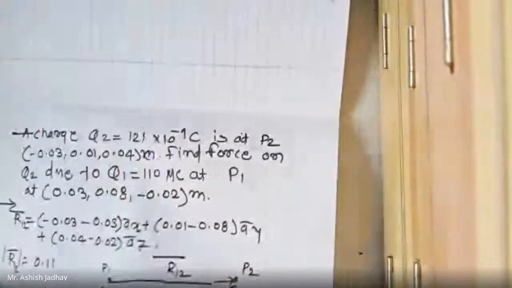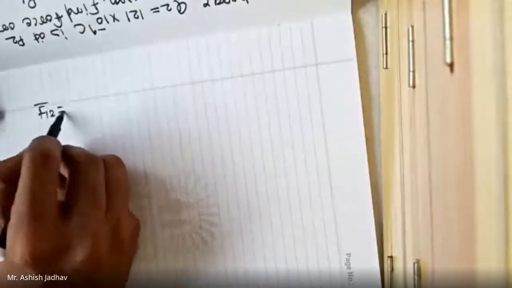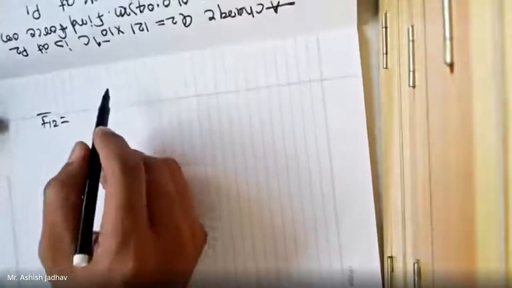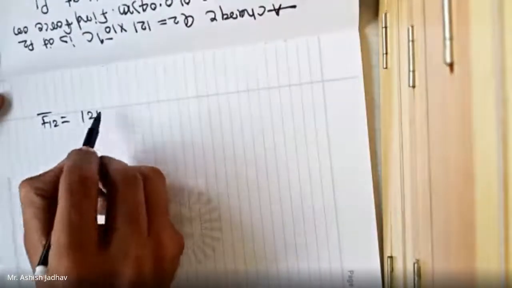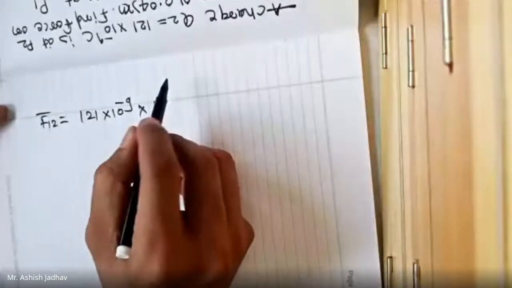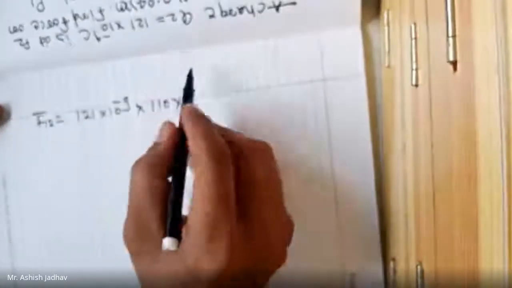So let us put the values. F12 is equal to first charge is 121 into 10 raised to minus 9. Second charge is 110 microcoulomb.